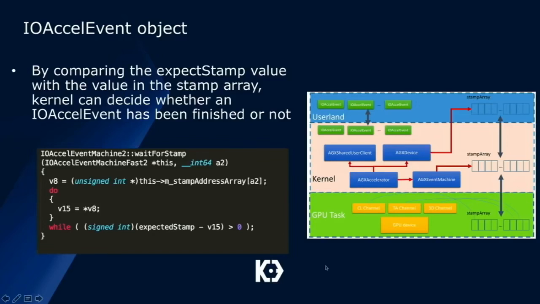Here is the code. It checks whether the expected stamp is higher than the current last completed stamp value. If it is higher, it continues the waiting process in the loop. But if it is smaller or equal, it means that job instruction has already finished.